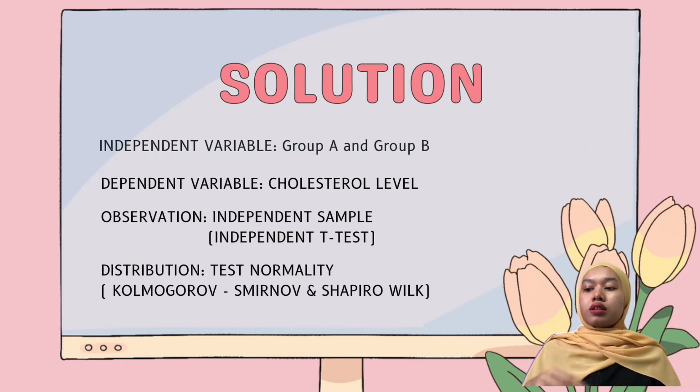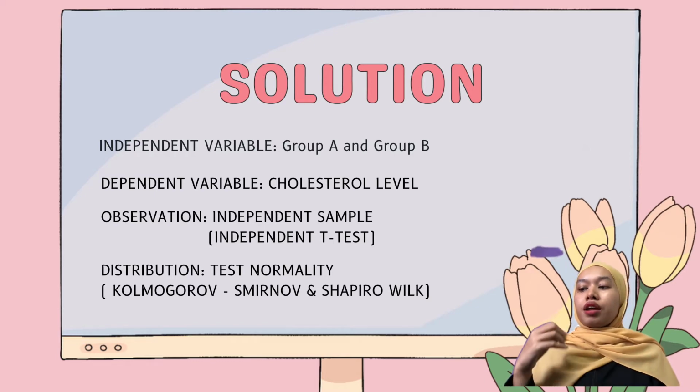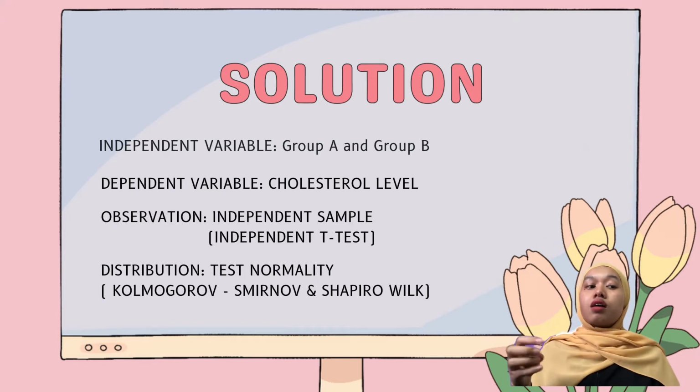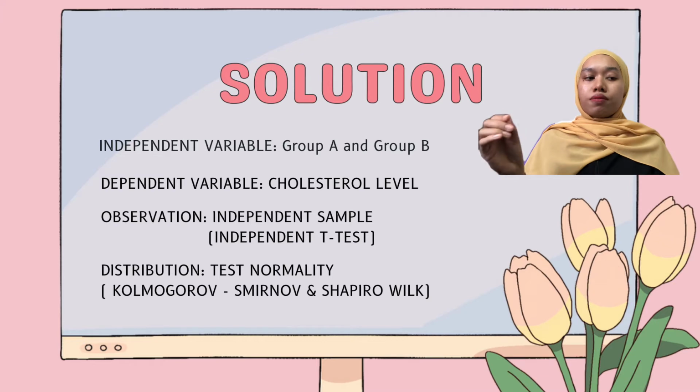For observation, it was an independent sample, and we are using the independent t-test because there are two groups and they are different groups. For the distribution of data, we use tests of normality, which are Kolmogorov-Smirnov and Shapiro-Wilk.